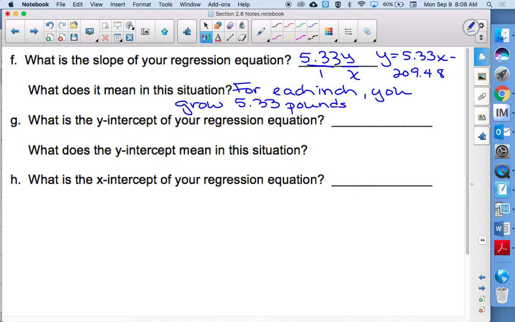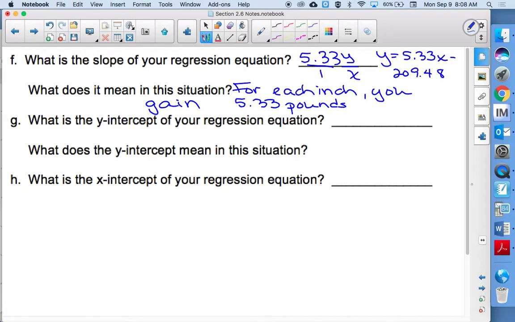Or you could say every inch you're gaining 5.33 pounds. I guess gain would be a better word than grow. Mr. Kane would be happy. So for each inch you gain 5.33 pounds. Something like that. It doesn't have to be exact, but somewhere in that wording.